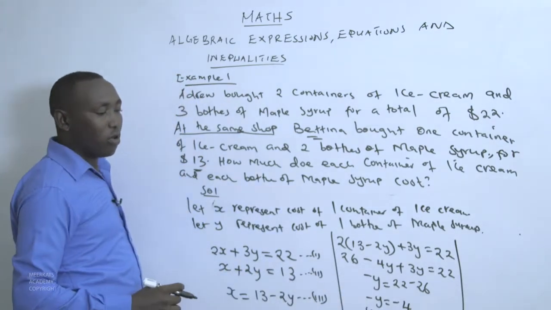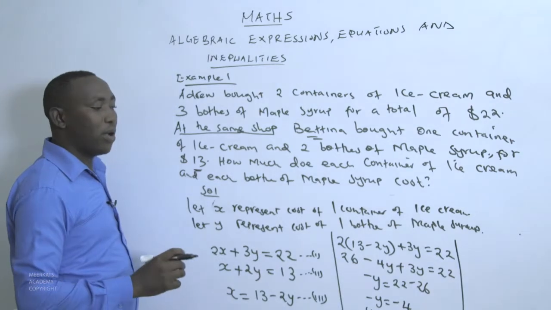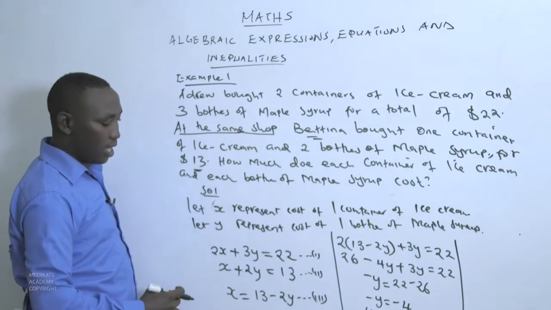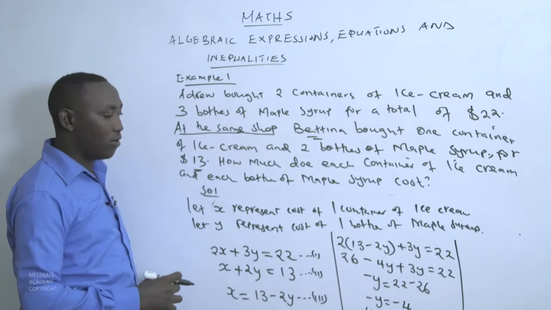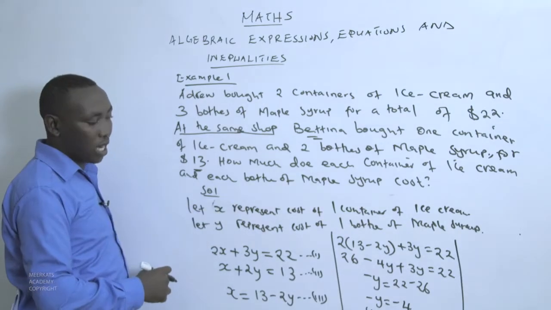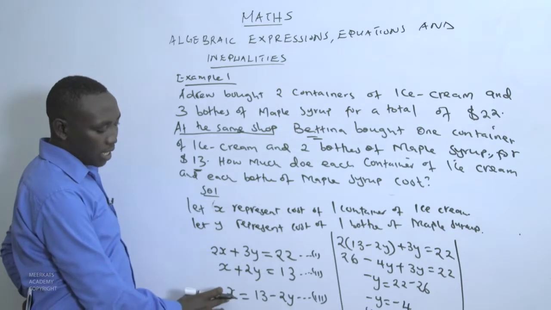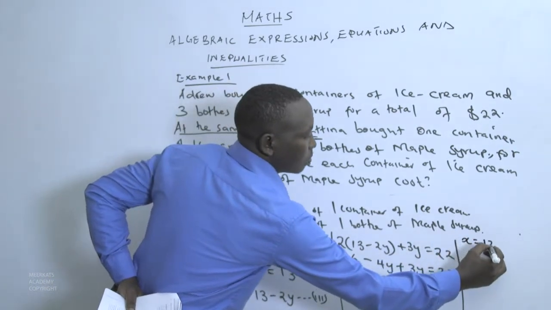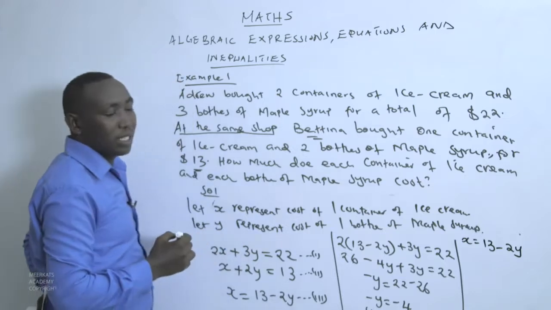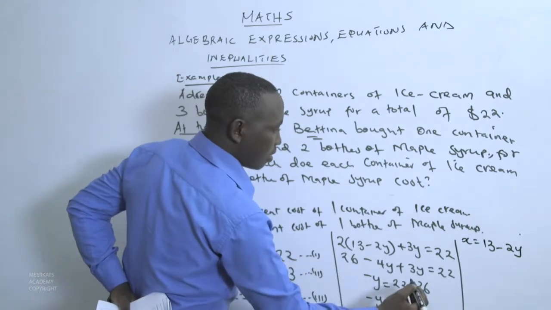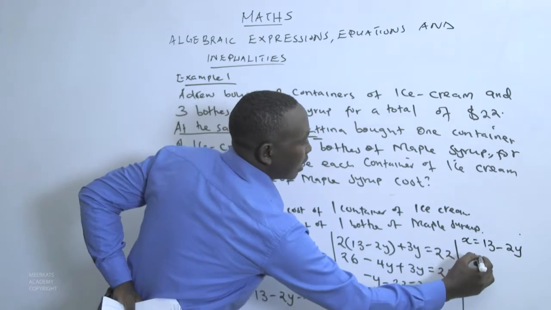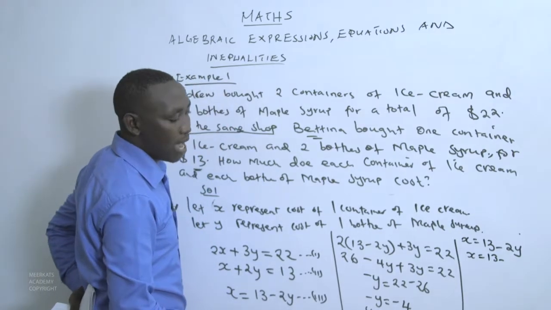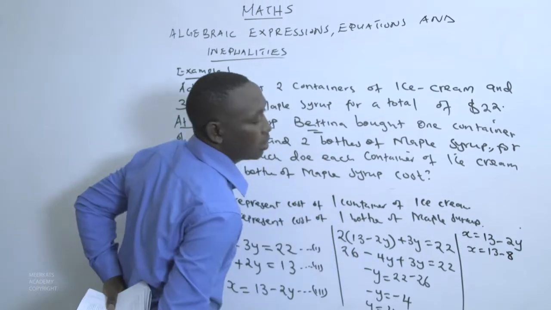After getting the value of the first pronumeral, which is y, we now want to get the value of x. And it is easier if we use the third equation for us to get the cost of 1 container of ice cream, which is x. We had been told that x is equal to 13 subtract 2y. Y we have been told is 4. So 2 multiplied by 4, you will get 8.